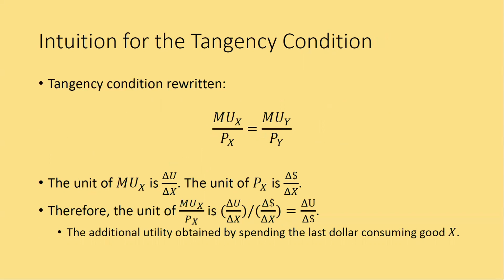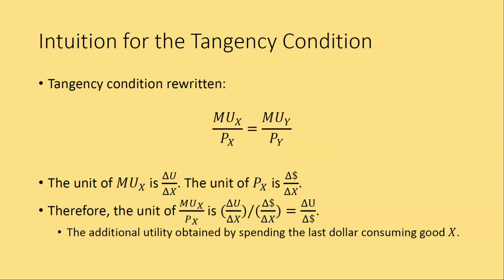Let's look at the unit of those two expressions. The unit of the marginal utility of good x is delta U divided by delta x. This tells us how much the utility would increase if we increased our consumption of good x by 1 unit. In the denominator, Px is the dollar amount you have to spend to consume an additional unit of good x. So its unit is the increase in the dollar amount divided by the increase in the good x you consume.